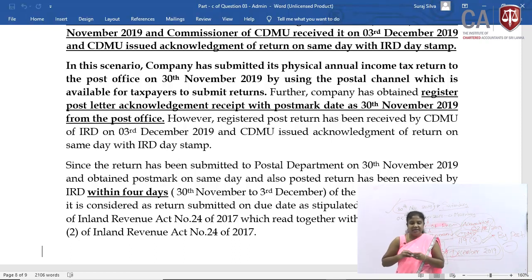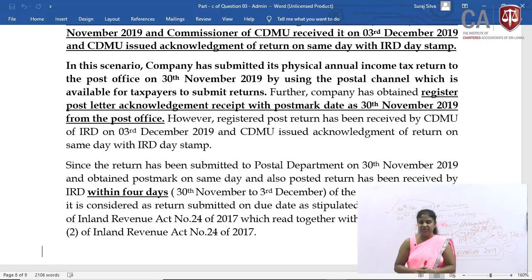However, the registered post return was received by CDMU of IRD on 3rd December 2019 and CDMU issued an acknowledgement of return on the same day with the IRD date stamp. Now, 30th November it was sent, then 3rd December the IRD received it at the particular unit. That is all the information I have grabbed from this scenario.